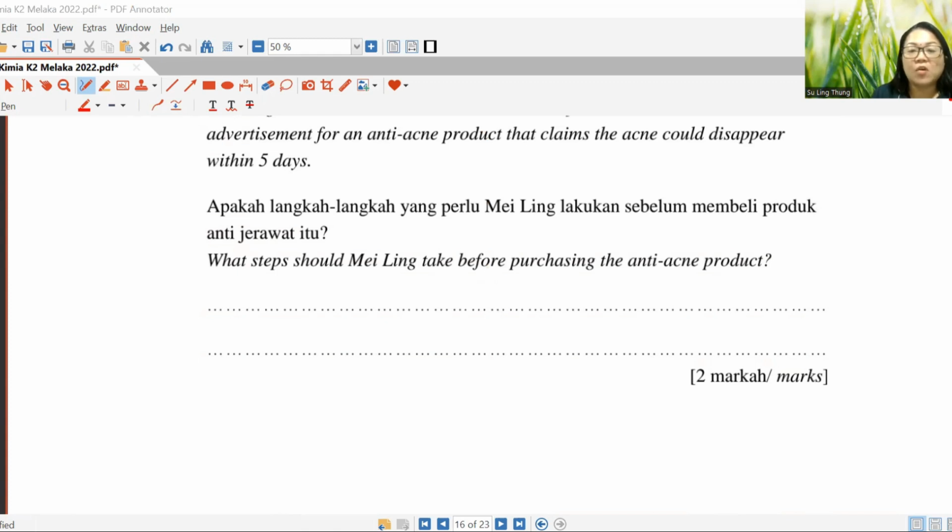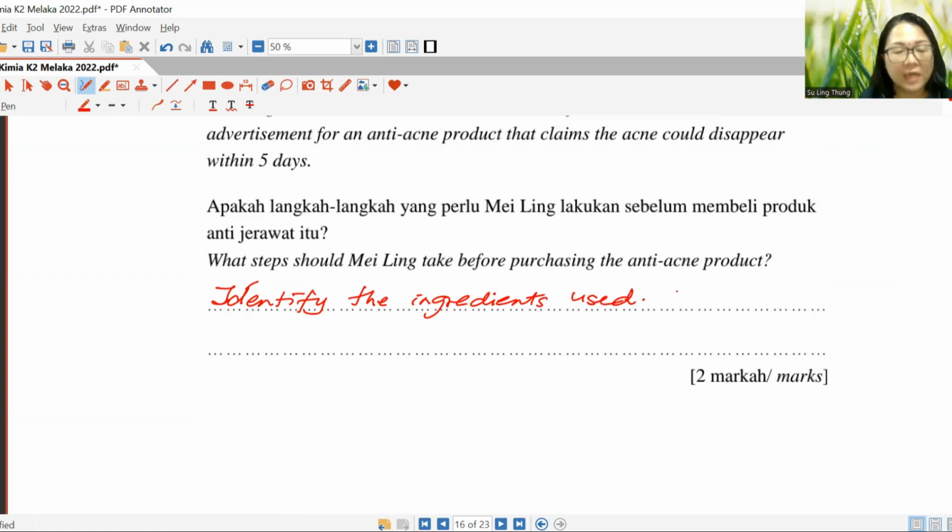Now, firstly, of course, you have to identify the ingredients used. She needs to identify the ingredients used because there are products in the market which are not clinically tested, actually contain mercury inside, and this is hazardous to our health.